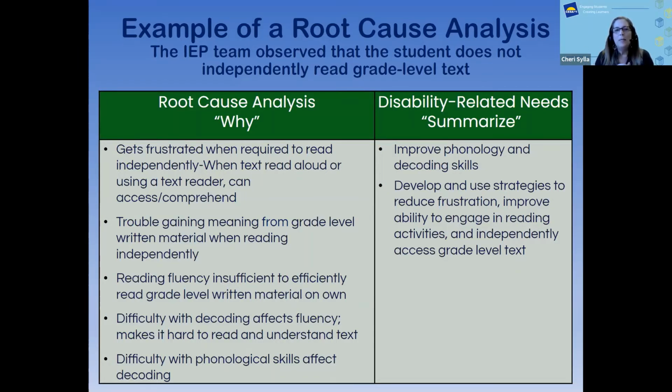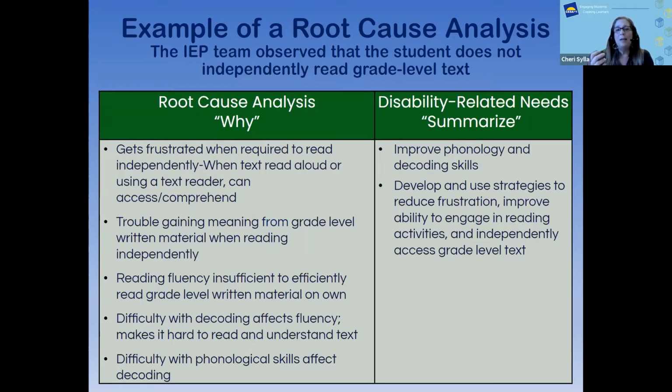What we look at first is the IEP team actually observes the student, and through that observation then tries to determine why the student is not able to do something, right? So we're focusing on something that's a challenge, because that's why the student has an IEP to begin with. There is a disability that impacts, and so what do we observe? So in this example, the IEP team observed that the student does not independently read grade level text.